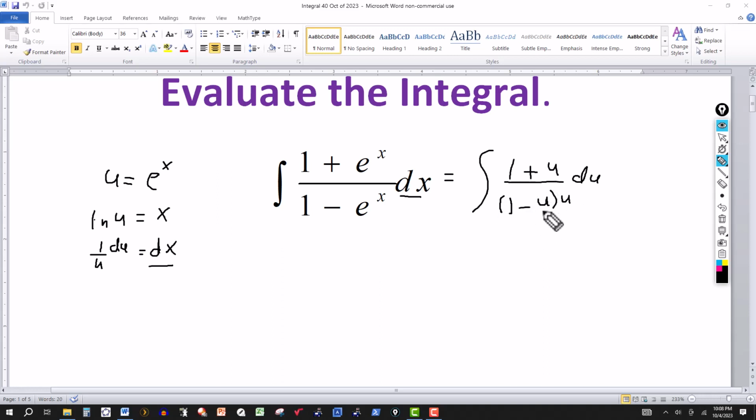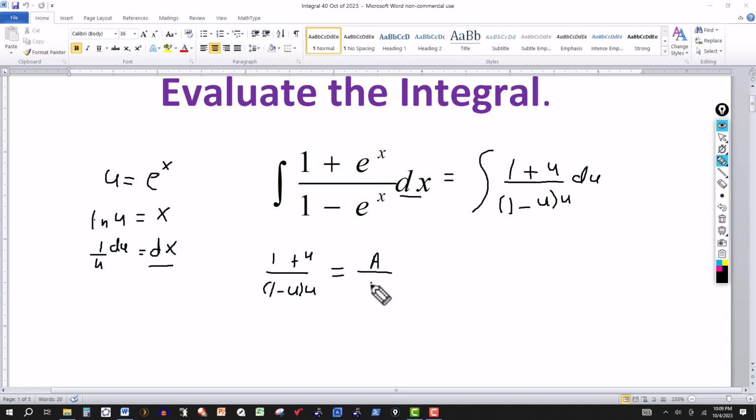Now, from here, you have it set up, but we have it set up as a rational expression. So we could use partial fractions from here. So you would take this out to the side, (1 plus u) over (1 minus u) times u. And then I use the partial fraction decomposition procedure. This would be A over one of these, doesn't matter.